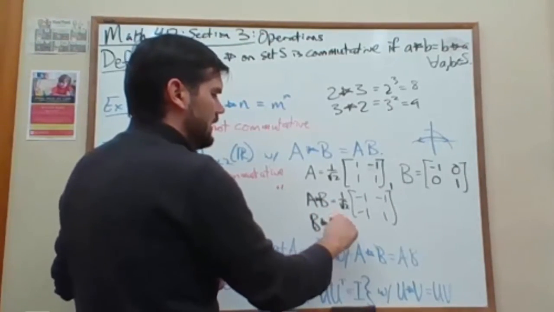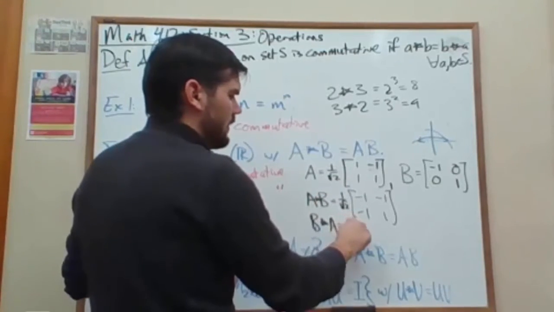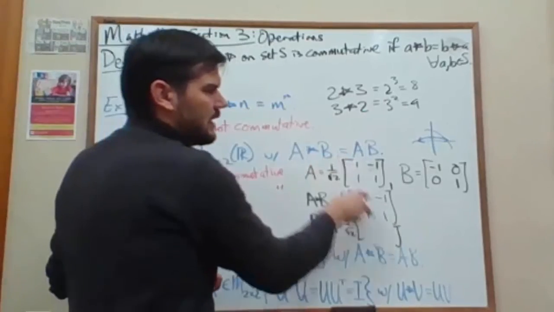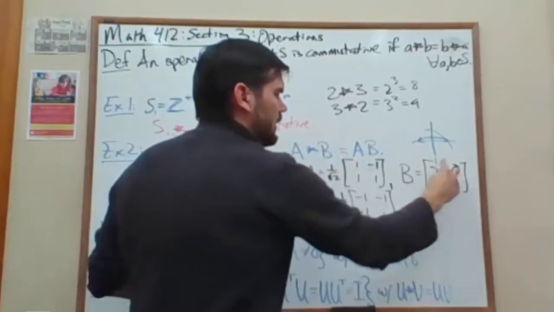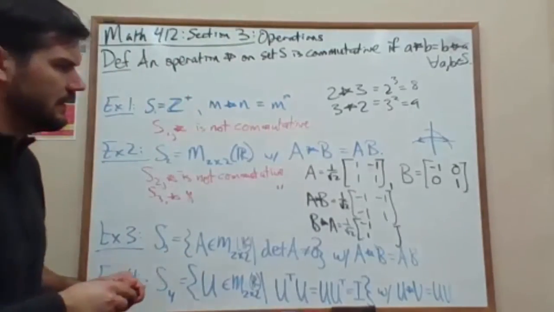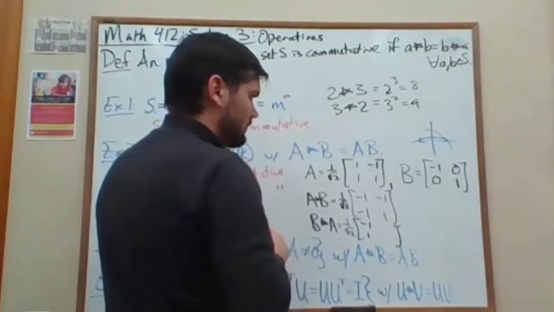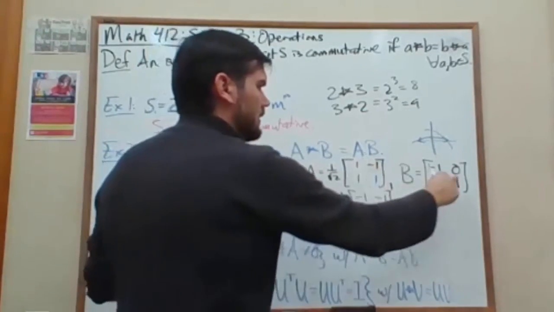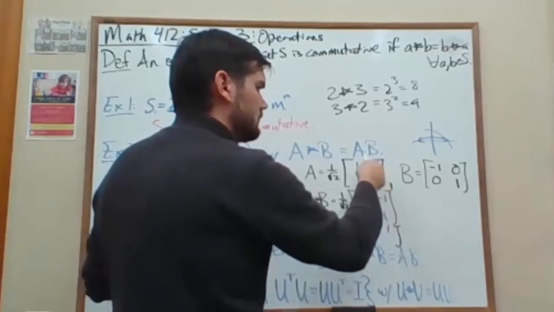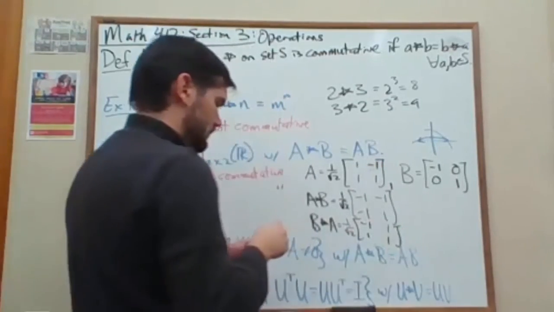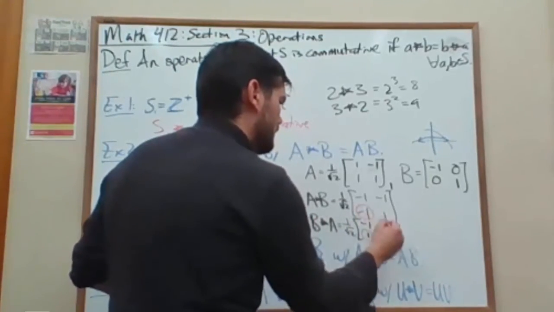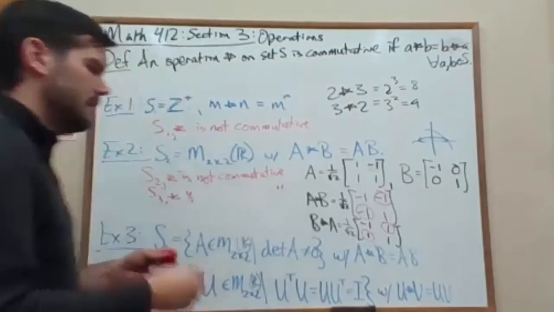Whereas B star A equals the same fraction 2. Take the columns of A and multiply by the rows of B. So -1, 1. There we go. Broke it. Okay. And for completeness, +1. So we broke it in the off diagonals.